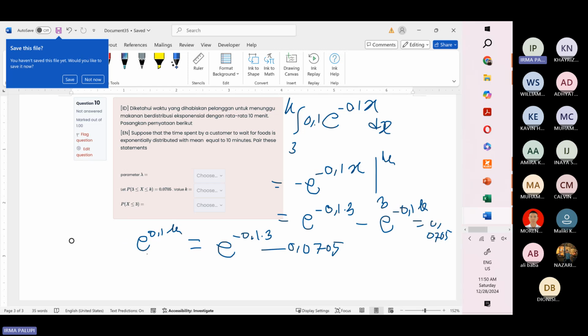Actually, we need to take the natural logarithm of both sides.